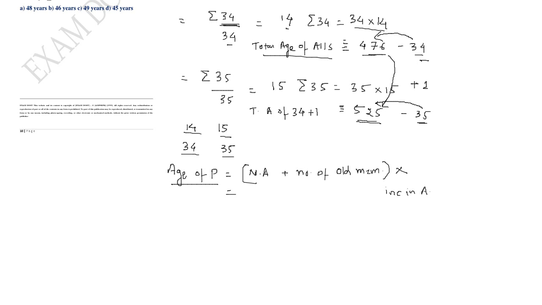So now the new average is 15 plus the number of old members, which is 34. The number of old members is the number of students, and you have to multiply it by the increase in average. The increase in average is 1. So if you solve this, again you get 49.